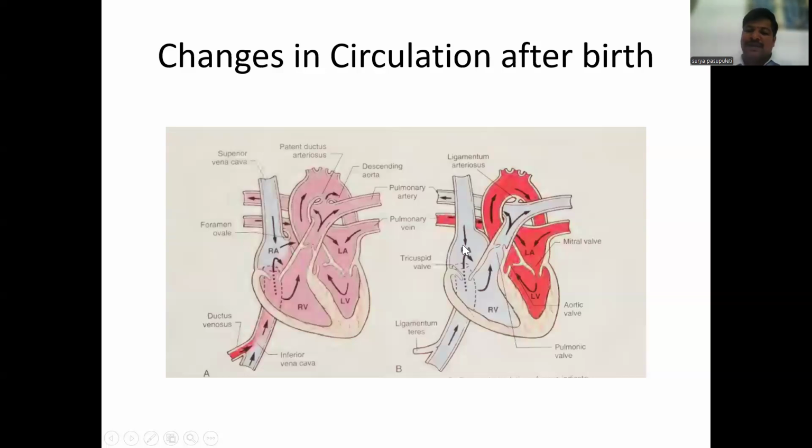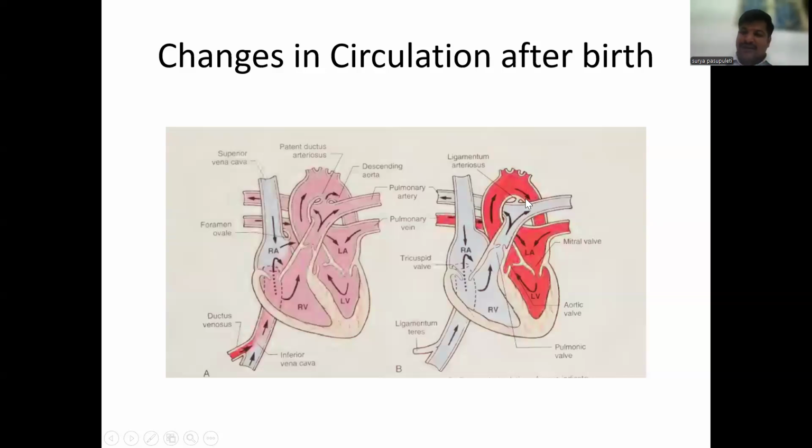Instead, the blood from the right atrium is moved into the right ventricle, from the right ventricle to the pulmonary trunk, and from the pulmonary trunk back to the lungs. But earlier it was not like that. Now from the lungs, the oxygenated blood will be moved back into the left atrium, from the left atrium to the left ventricle, and from the left ventricle to the aorta, and the aorta carries blood.